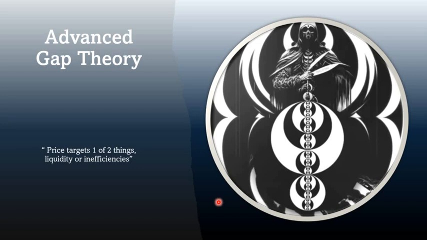Why is the market filling or tapping into that? So we're just going to be going over it and extending our knowledge of what inefficiencies are, and of the types of inefficiencies that we know of.